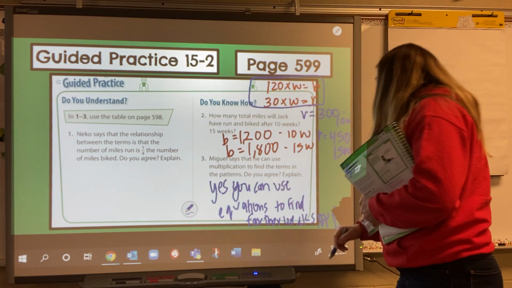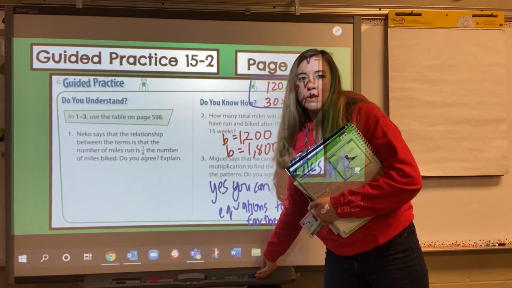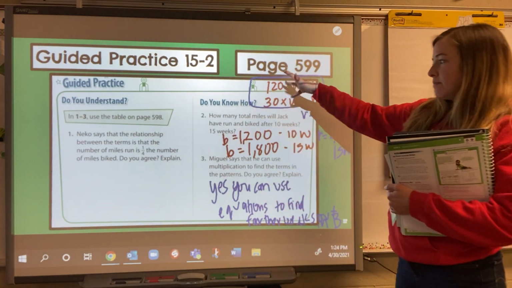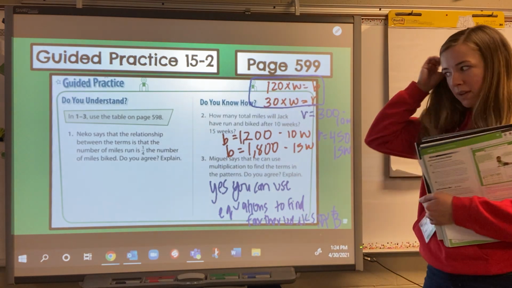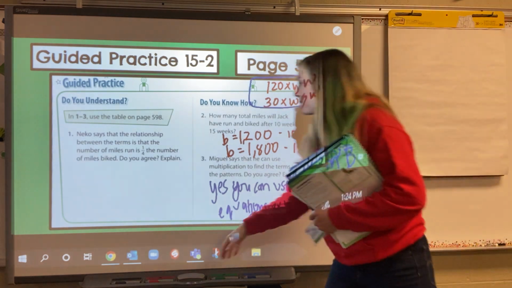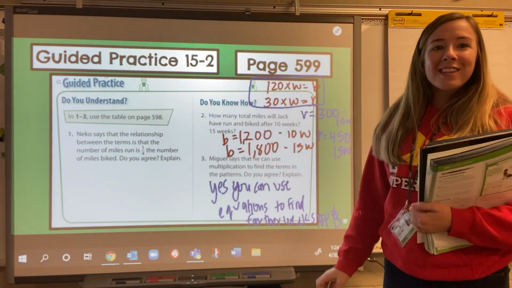And honestly, finding that formula and using it is going to be way more time effective. You have to take way less time than creating a whole chart about it if you can find the pattern there. Okay, we are going to work on some more of these in group.